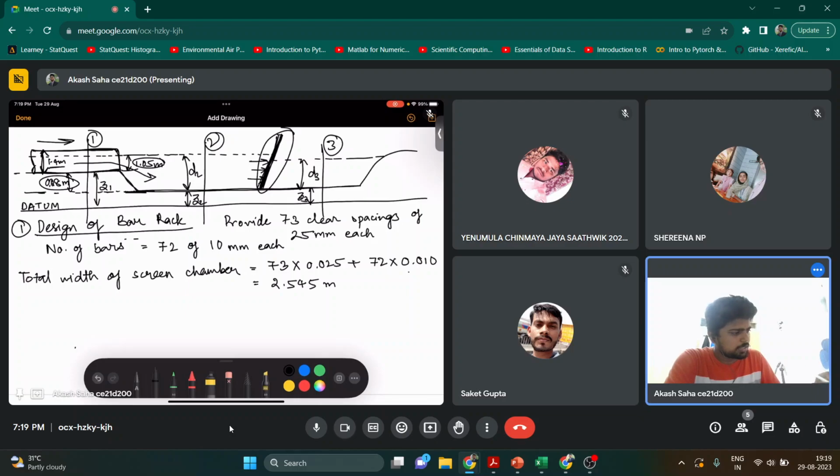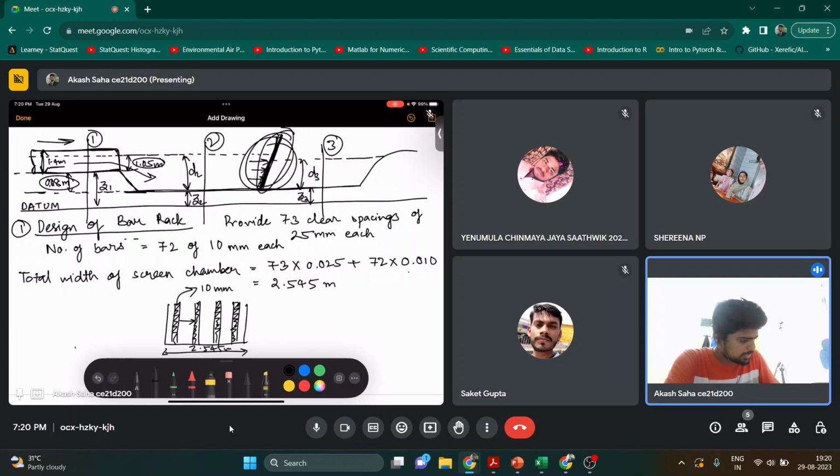So this rack, if I am viewing it from the direction of water, so suppose this is my area. So this colored portion will be my racks. Okay. Water is flowing into the channel. Suppose water is flowing into the screen. So it will look like this. This clear width is 2.545 meter. And this is all my rods of 10 mm each.